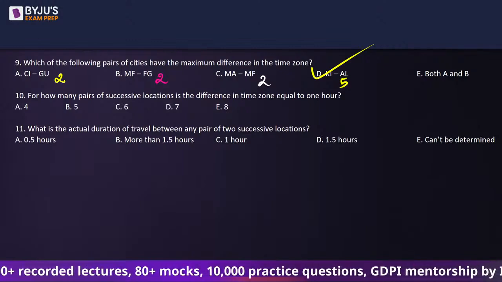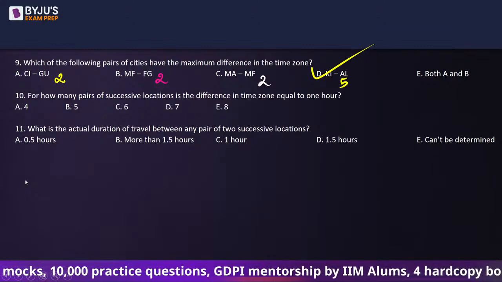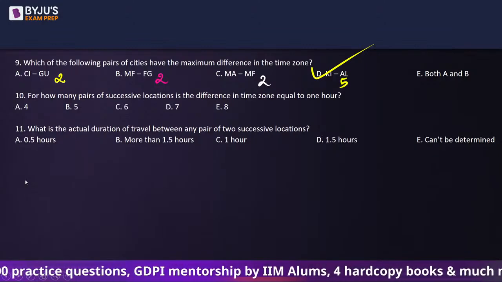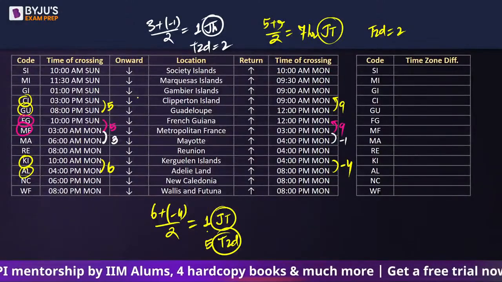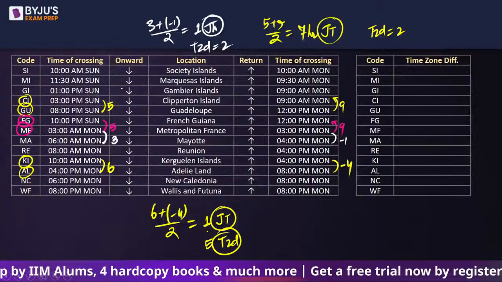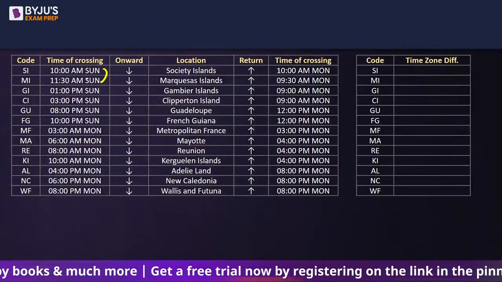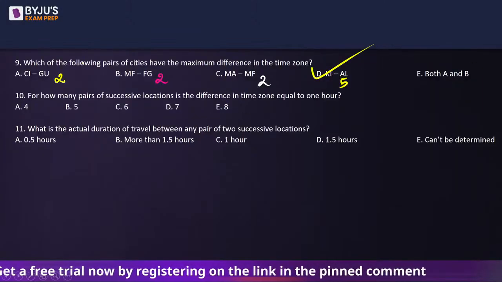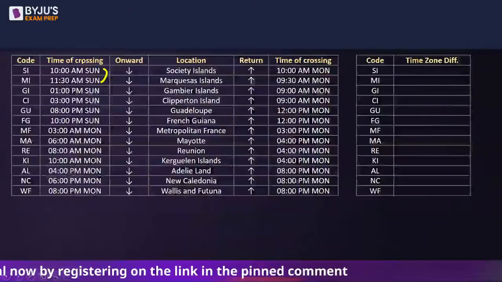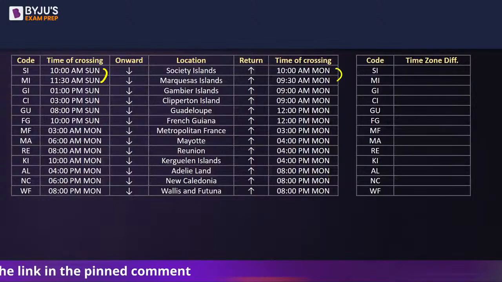ठीक है? Next, for how many pairs of successive locations is the difference in time zone equal to 1 hour? Okay, successive में 1 hour हमें find out करना है. So I should erase this. This is 1.5 and हमें क्या निकालना? Time zone difference? Yes, not travel time. So this is 1.5 and this is half.